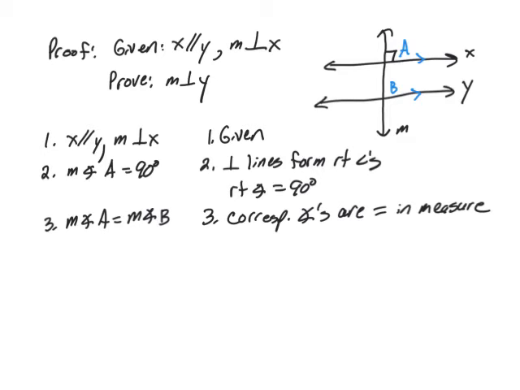Again, I don't have to write the entire thing out. I don't have to say if parallel lines are cut by a transversal, then you just say corresponding angles are equal in measure, because we're given the fact that they're parallel lines. So I have the measure of angle A is 90, and the measure of angle A is equal to the measure of angle B. Therefore, by substitution, I can say the measure of angle B is equal to 90. So there's my substitution step.